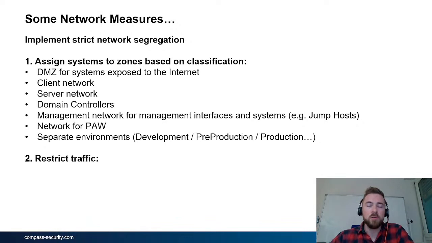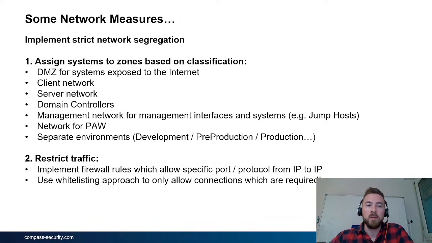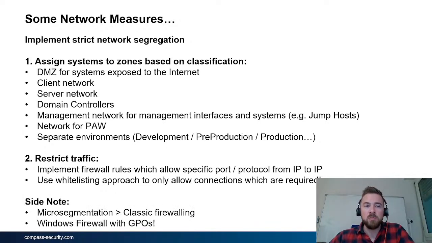Then you have to restrict the traffic between each zone by implementing firewall rules which only allow the specific port or protocol from IP to IP. And you should really use a whitelisting approach, that you only allow connections which are required and not blacklist connections which aren't allowed.